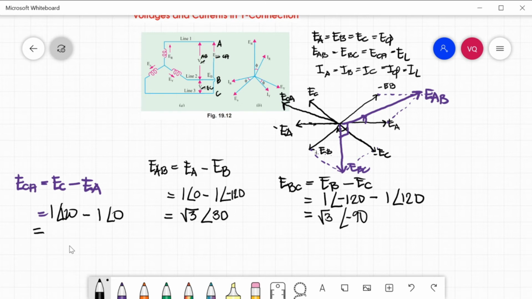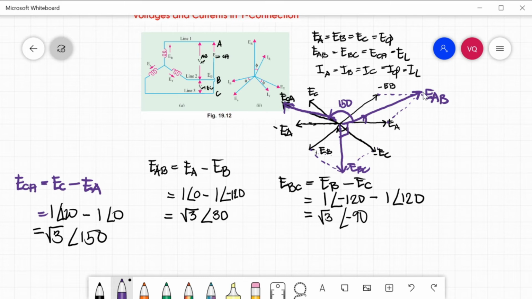So as we analyze these phase voltages and line voltages, we can see that the angle between the phase voltage and the line voltage is 30 degrees. So we can see here that EAB is ahead by 30 degrees with respect to EA.